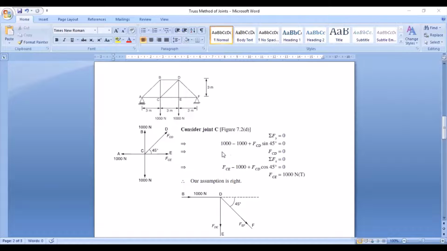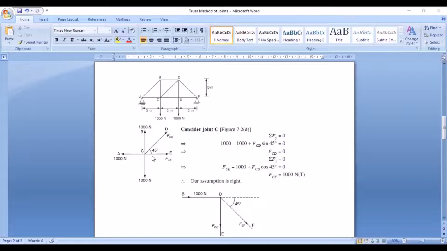So then these two get cancelled. So FCD is 0, which means that this member does not undergo any stress. So this becomes 0. So FCD force is 0.